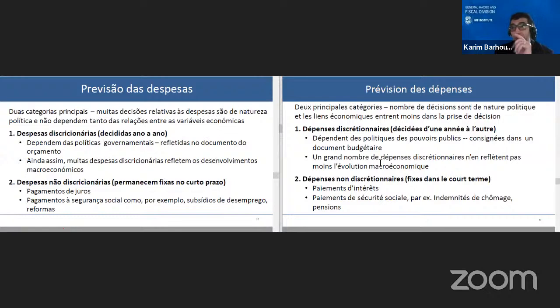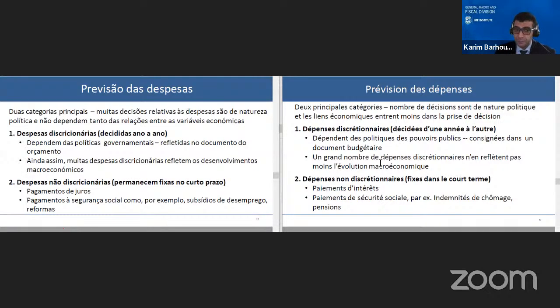But many discretionary expenditures can also reflect macroeconomic developments. Think about capital expenditure, which depends on the projection of growth, the prospect of inflation, the exchange rate, and the availability of external financing. All these things can have an impact on these categories.